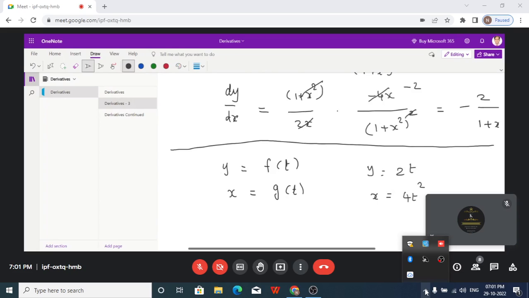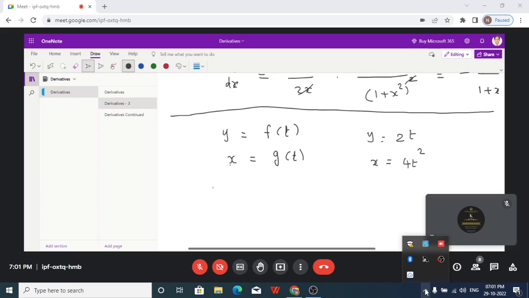So this is also a way of representing the relation between y and x. If we simplify, we can get it in terms of the relation between y and x. This is called the parametric equations. So y equal to f of t and x equal to g of t. Then what is dy dx? Since these are functions of t, we can differentiate y with respect to t.